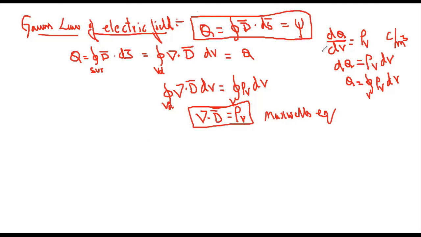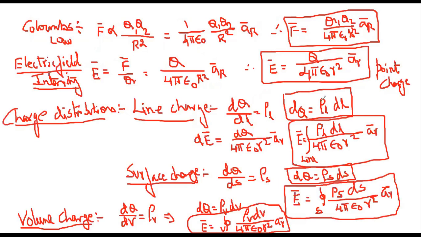Here, the electric field intensity E bar is in volts per meter, V by M.